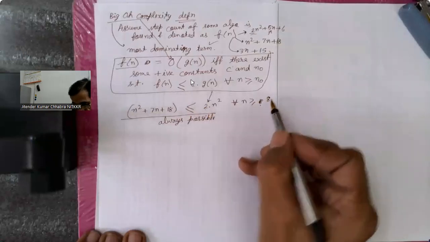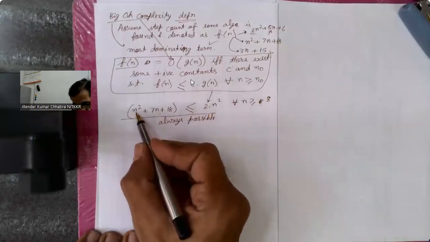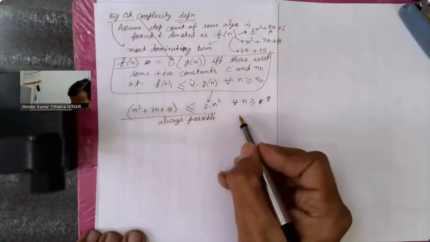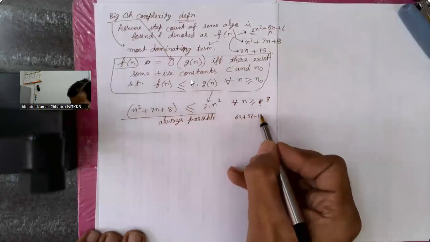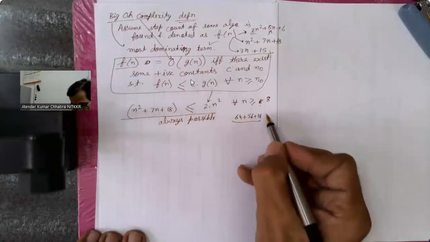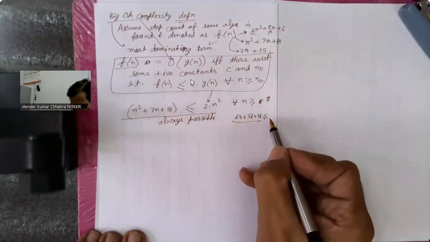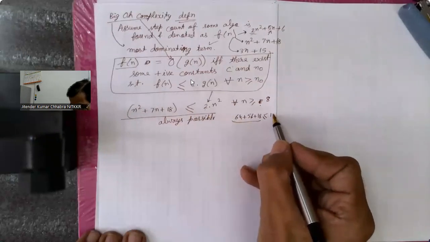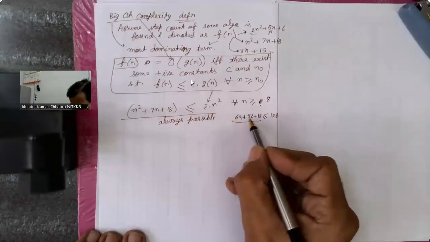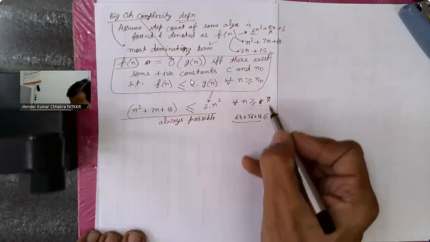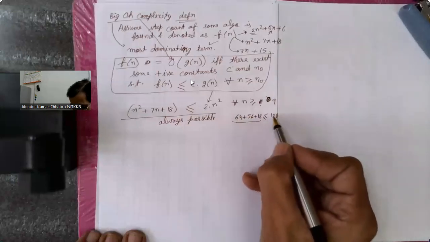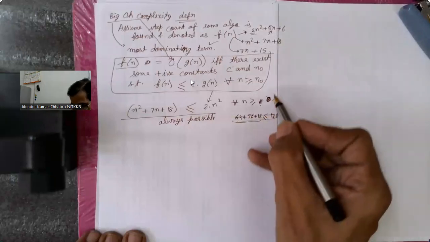Maybe for example, n equal to 8. 8 into 8, 64. So if I have 64 plus 56 plus 18, this value would need to be less than 128, but it is approximately 138, so 8 is also not satisfying. Maybe for 9, I will get it satisfied.